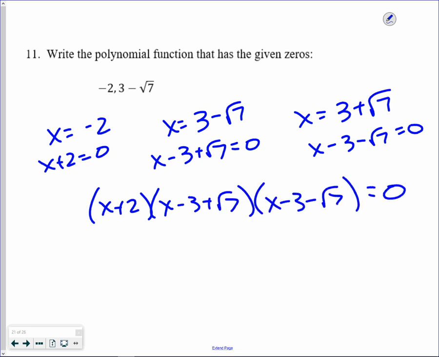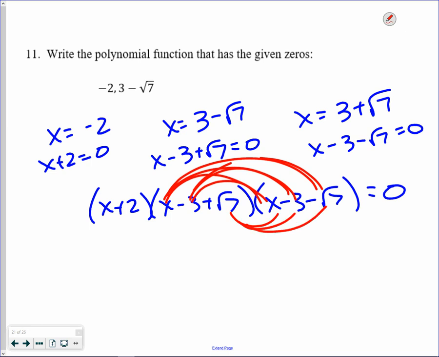Now, this is a giant FOIL question, and I highly recommend that you multiply the second two first. So I'm going to take x times each, -3 times each, and square root of 7 times each. And I'm going to get x squared minus 6x plus 2.